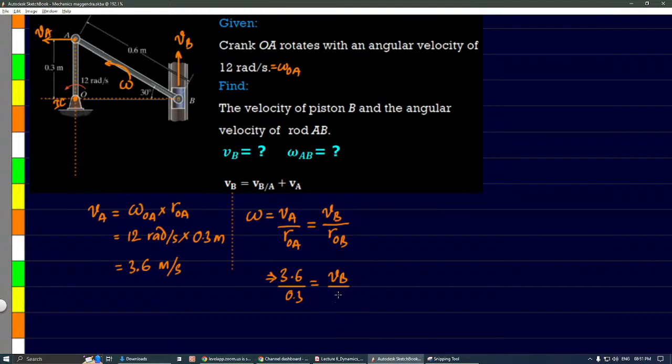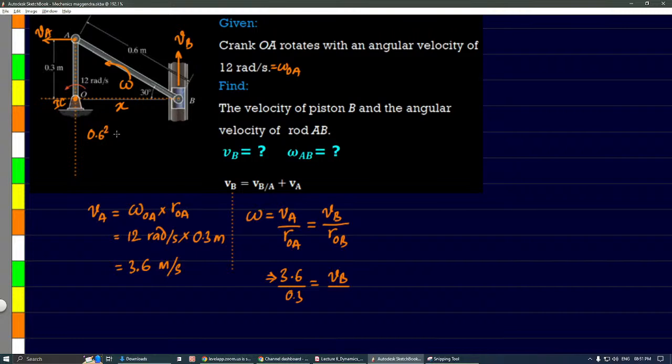OB is how much? 0.6, sir. OB is this length, not the hypotenuse. So we have to find it, let us call it X. How to find X? 0.6 squared minus 0.3 squared, under root. You can use the Pythagorean relation also.